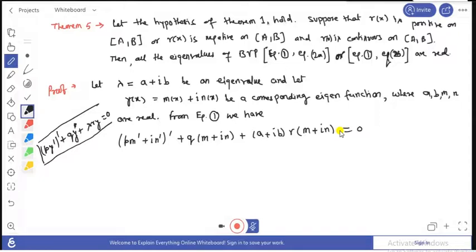This satisfies your equation number one, because this is the eigenfunction solution corresponding to this eigenvalue.